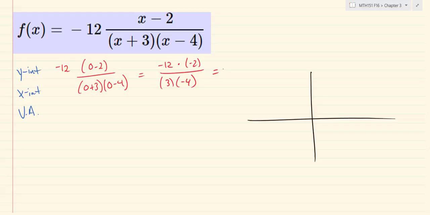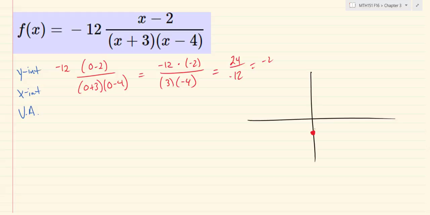I really care about the sign. Is it positive or is it negative? If we do this one, you actually get 24 over negative 12, which is negative 2, right? So I know that I've got a y-intercept that's down here. And that's important because that will probably be the starting point of my graph. Okay, so that's the y-intercept.